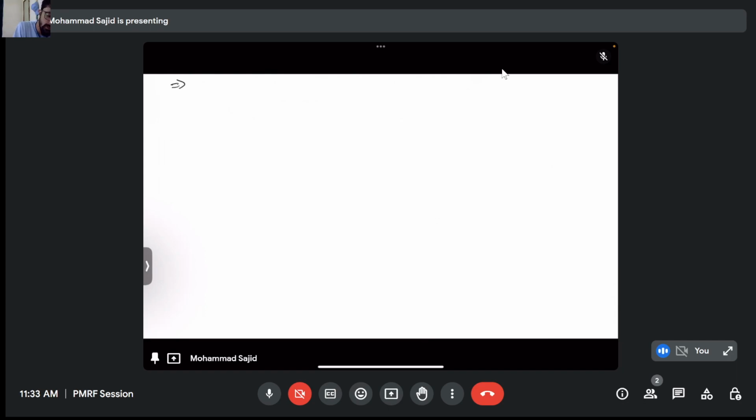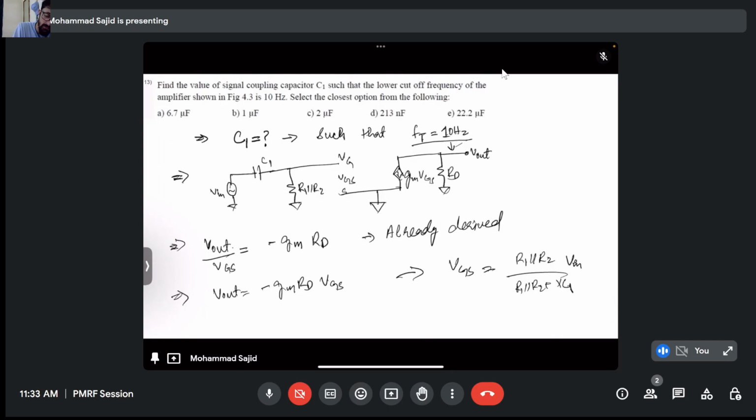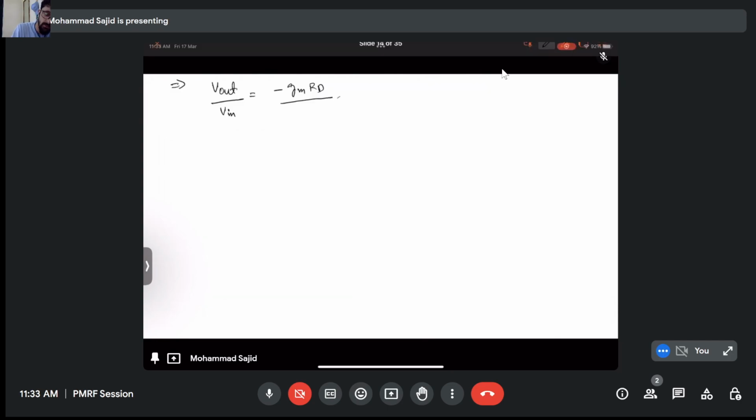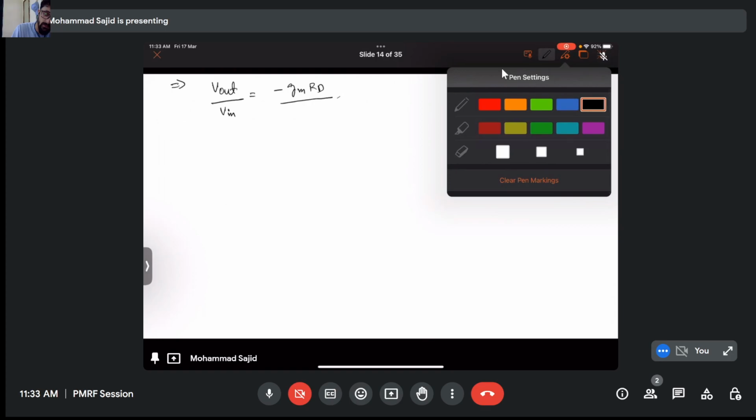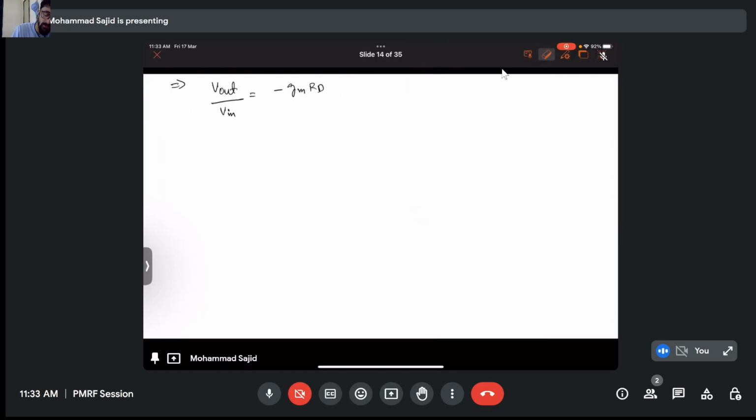So my V output by V input is equivalent to minus GM RD multiplied by R1 parallel R2 divided by R1 parallel R2 plus XC1.